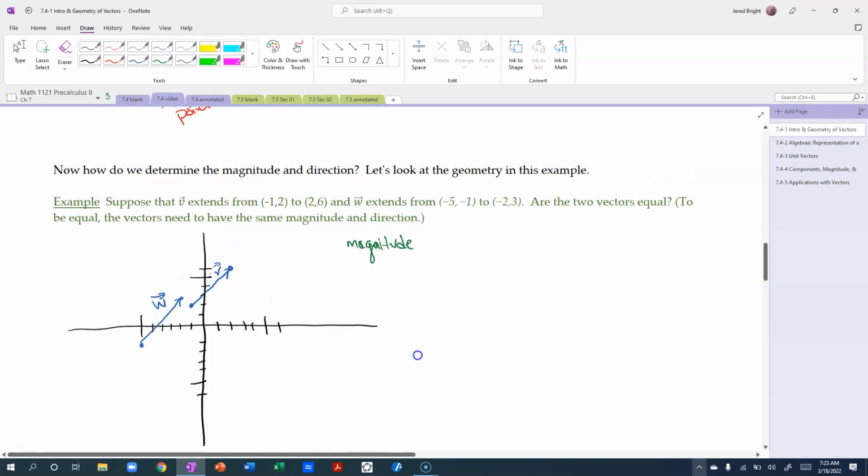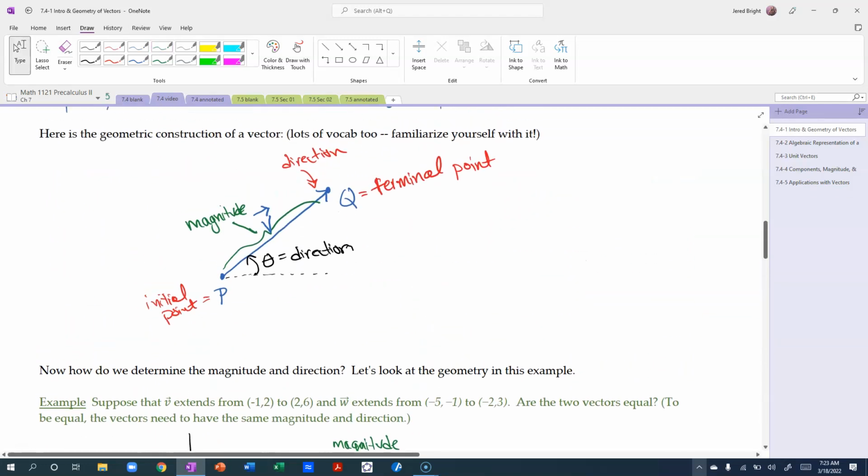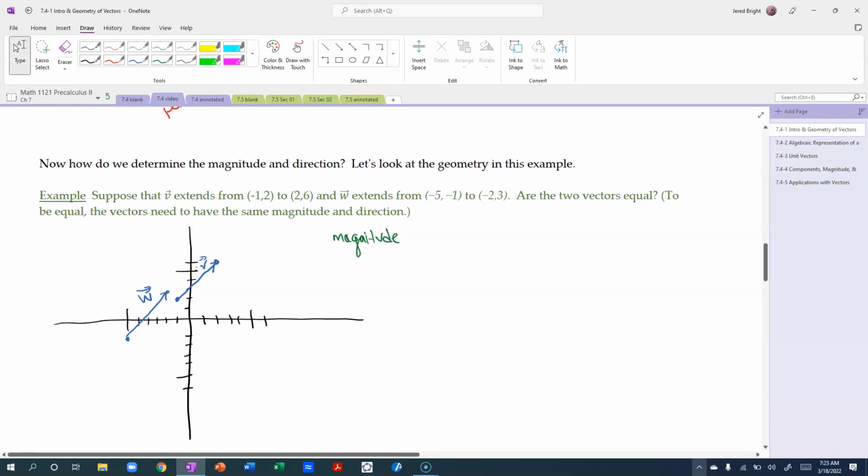Above, we said that the magnitude was kind of the length of the vector. So I need to know the distance from initial to terminal, okay? Now you might scratch your head a little bit here, but if we have 2 points, way back in our early algebra days, we learned about the distance formula.